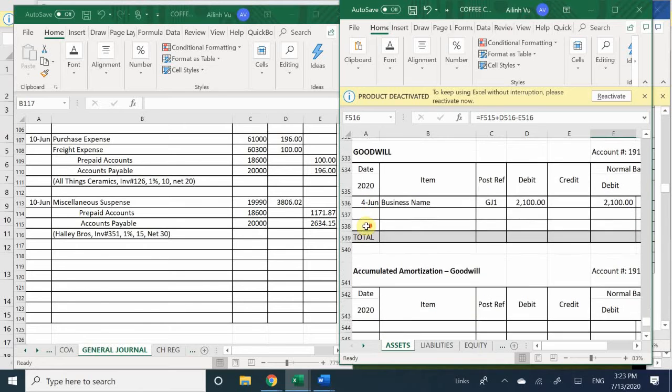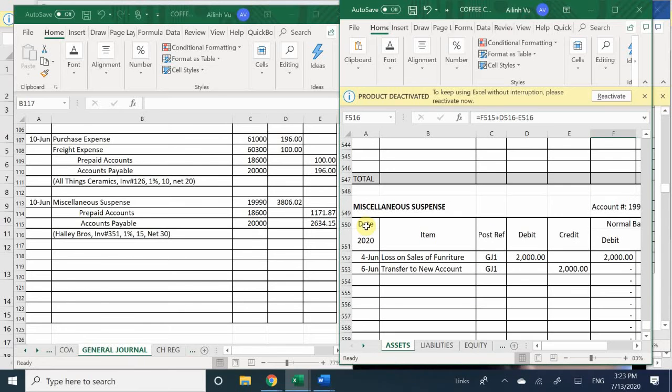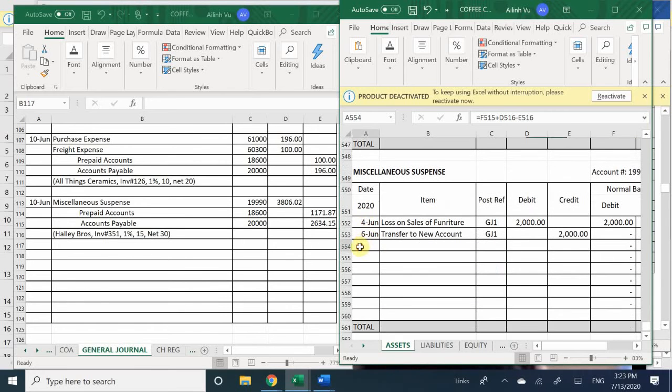Oh, never mind, it's the last thing. Miscellaneous expense is right here, for 610, and general journal number 3. I can't believe we're still on 3.